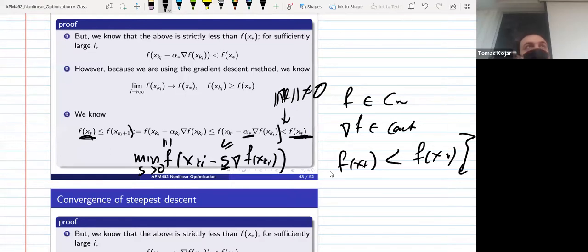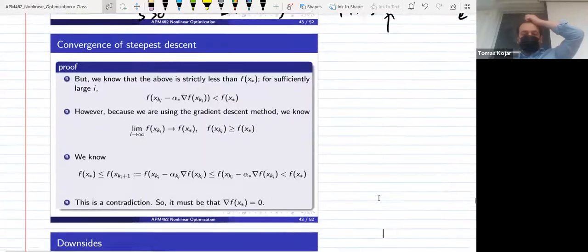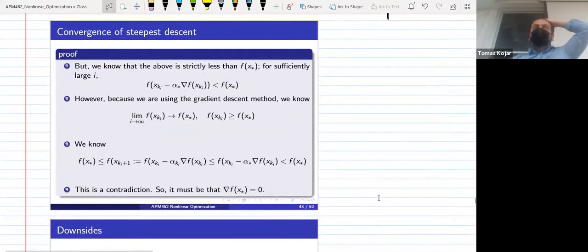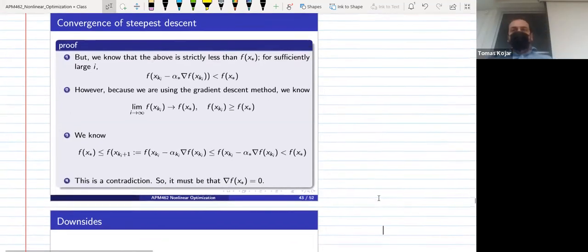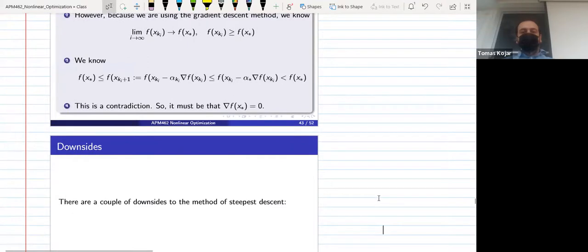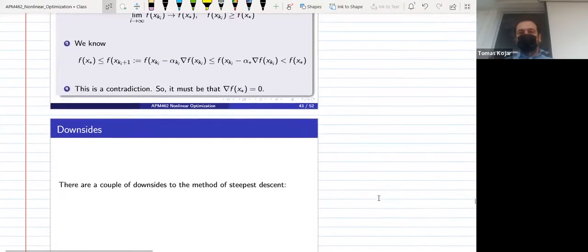That's a contradiction, because it's strict. So gradient descent converges to the stationary points, because assuming otherwise gave us a contradiction.